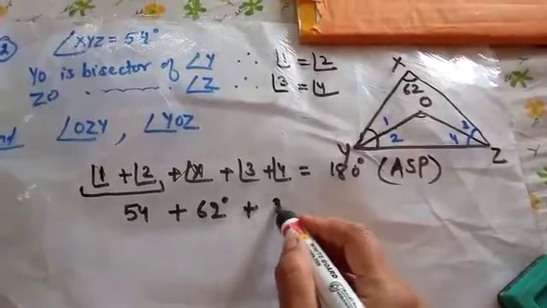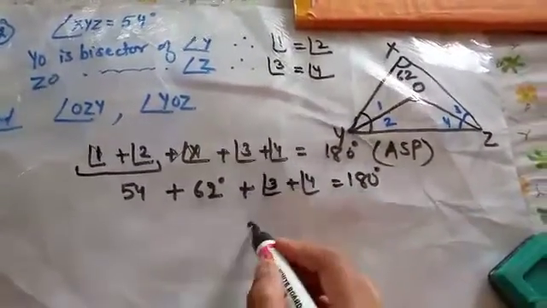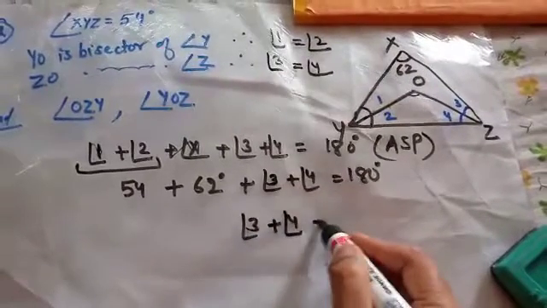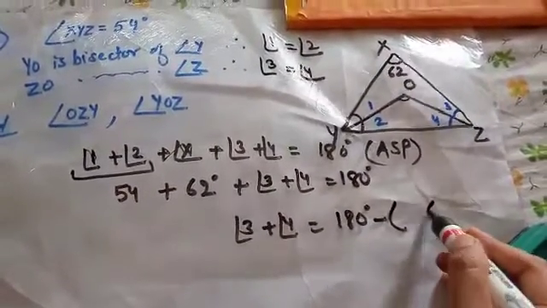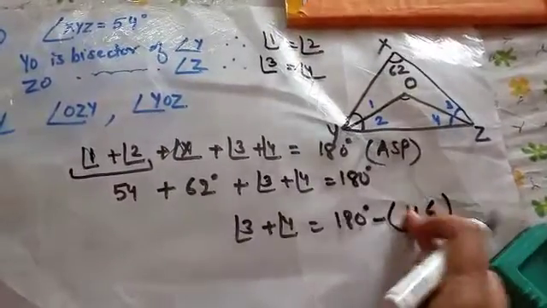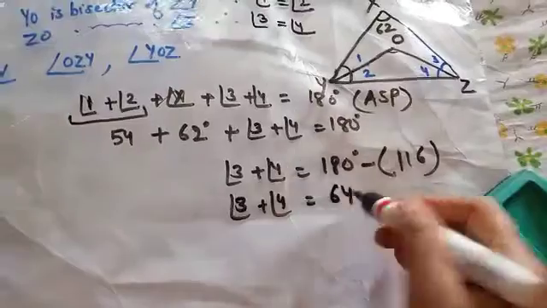So I can write 3 plus 4 only. So angle 3 plus angle 4 will be equal to 180 minus 116. Right. So it will be equal to 64.